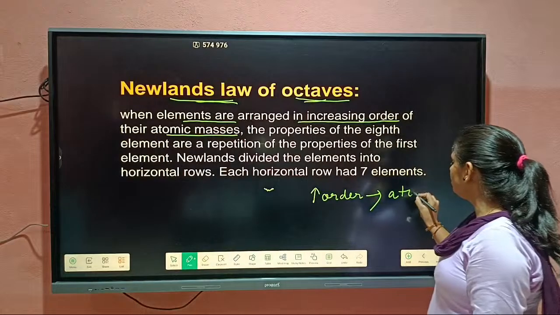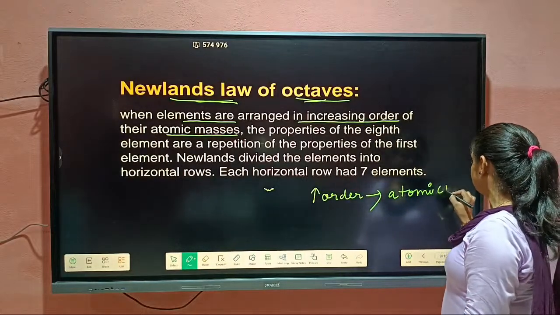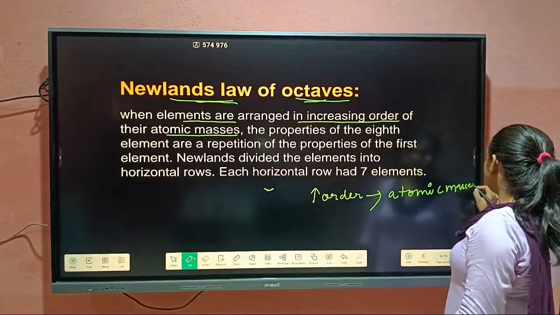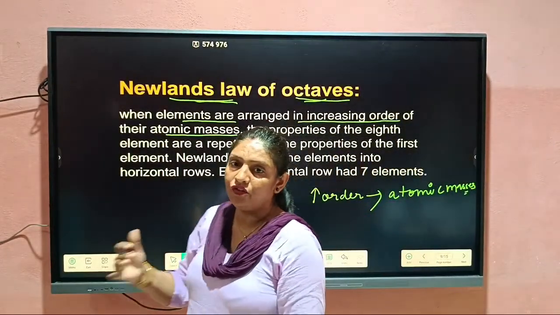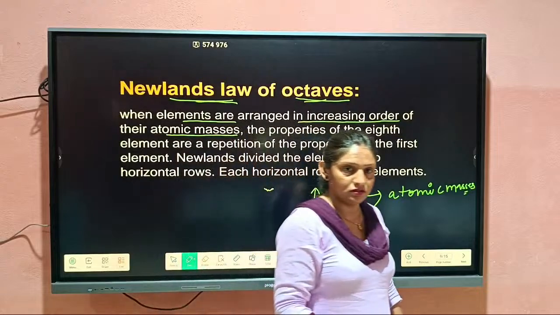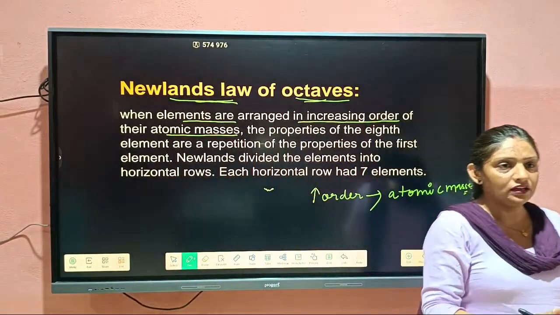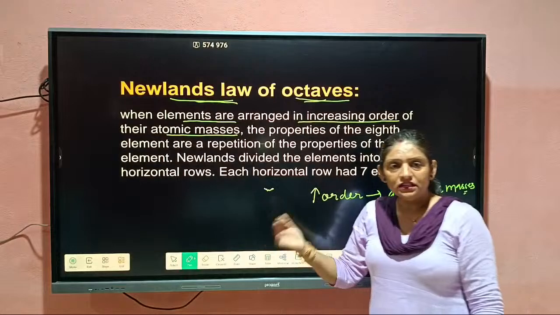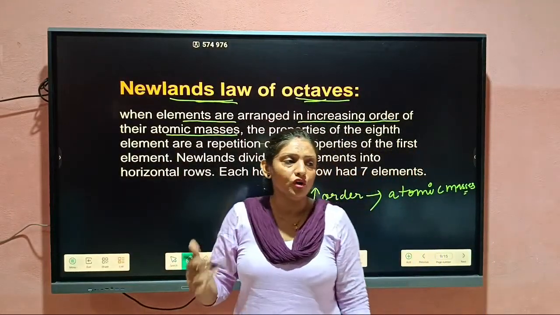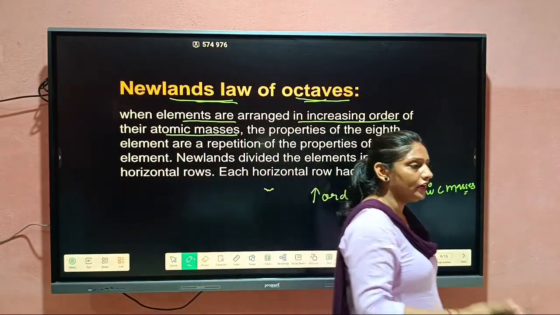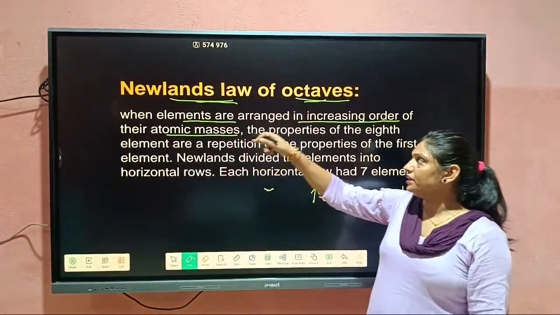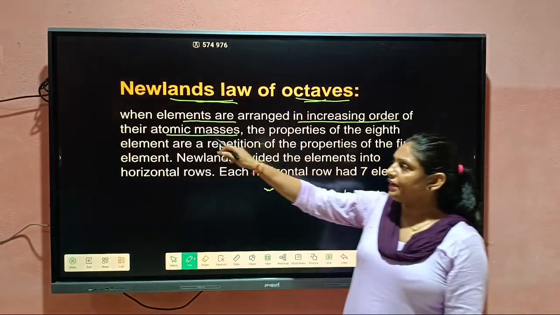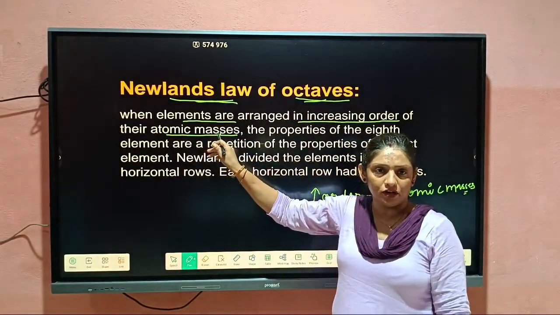Only in the modern periodic table we are arranging the elements in order of increasing atomic number. Before that we were arranging the elements in order of their increasing atomic mass. So first thing, Newland also arranged the elements in order of their increasing atomic mass.